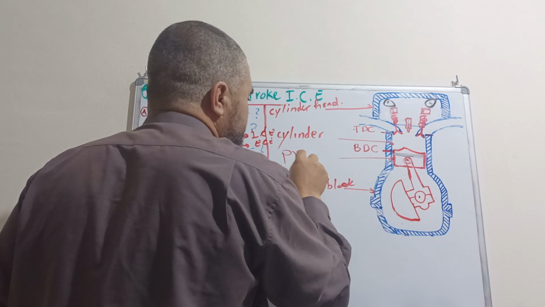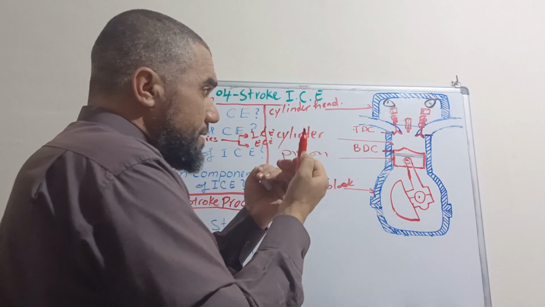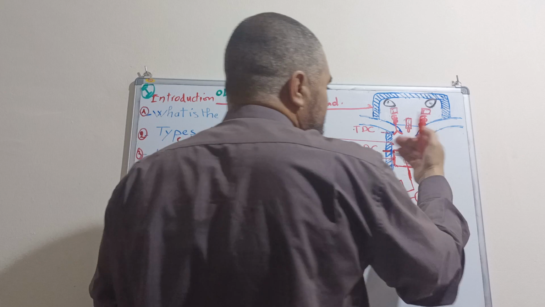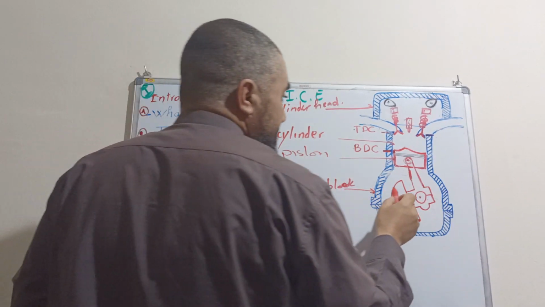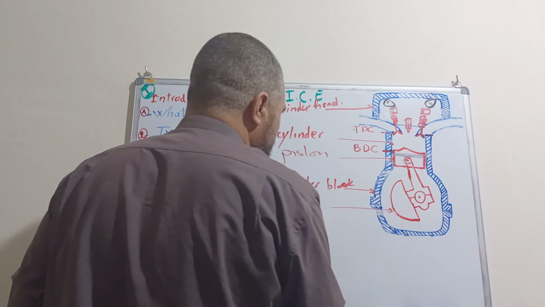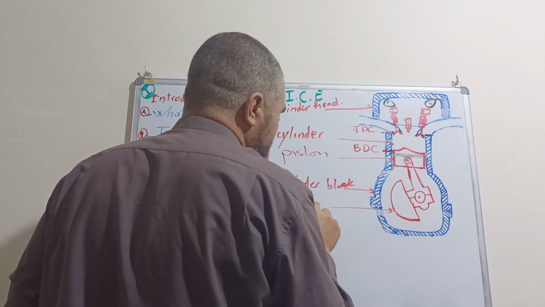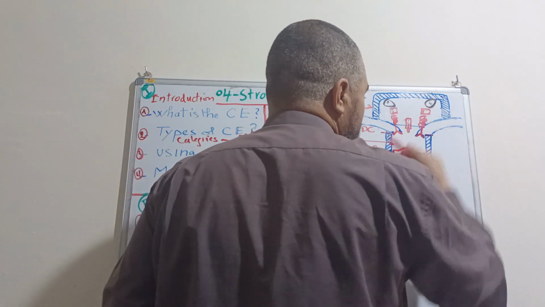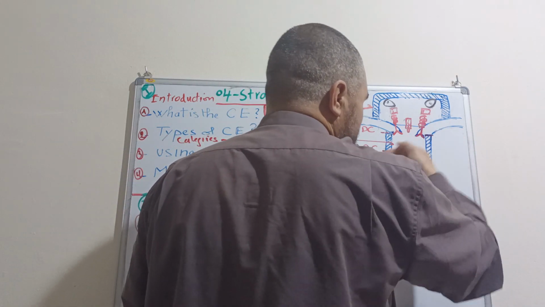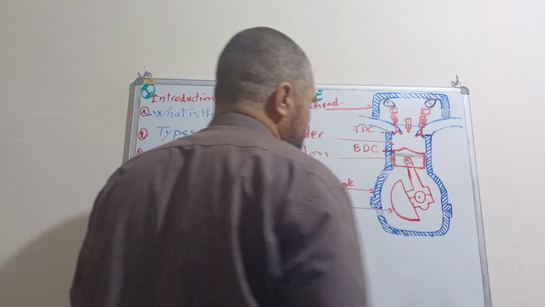The piston absorbs the fluid power and converts it into mechanical power through its up and down motion. Here, this is the crankshaft. Its shape allows it to convert the linear motion of the piston into the rotary motion of the crankshaft.